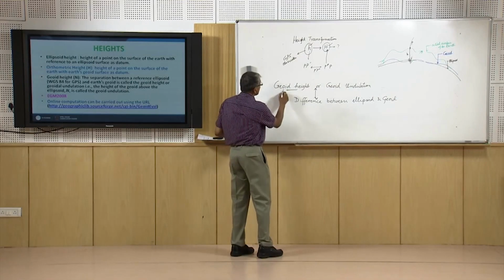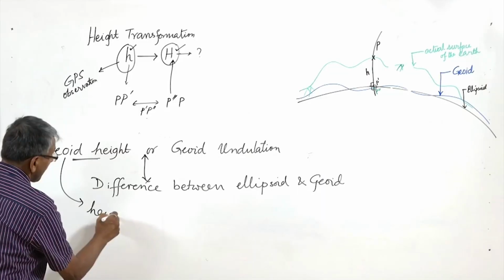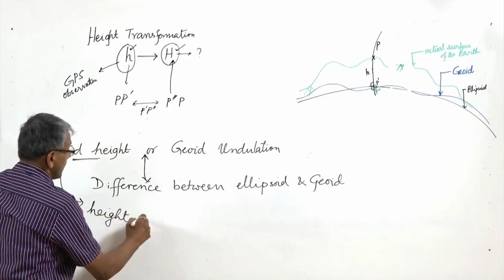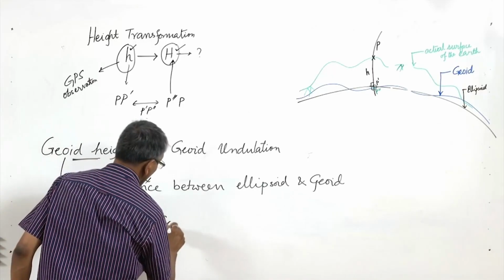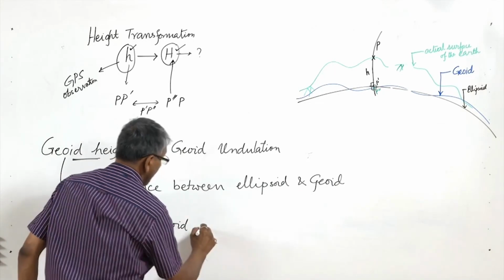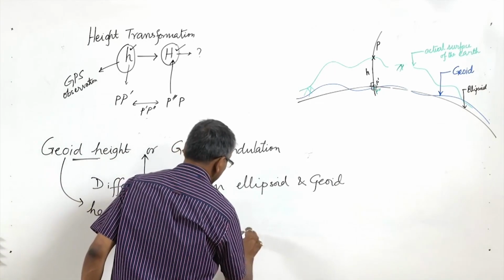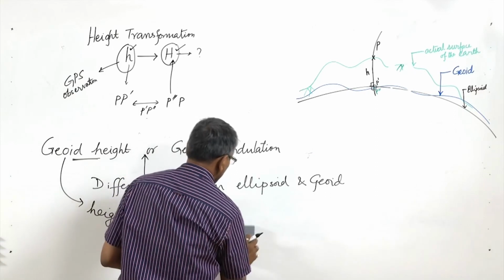Geoid height is the height of the geoid above the ellipsoid.